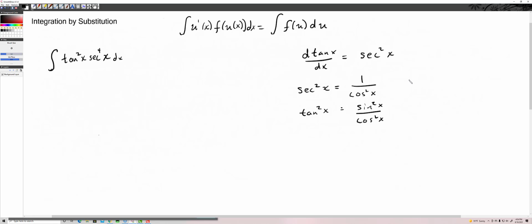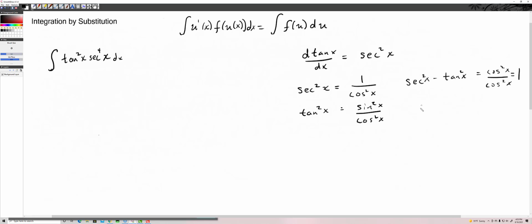So if I subtract tangent squared x from secant squared x, I get cosine squared x over cosine squared x. Run it yourself and make sure you agree. And the reason I say that is it's 1 minus sine squared x. What's 1 minus sine squared x? It's cosine squared x. So this is just 1.